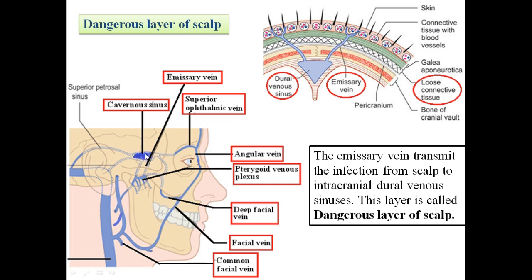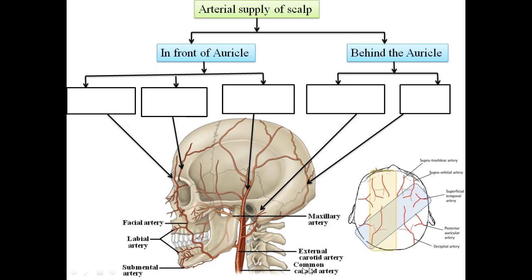From there the emissary vein communicates with the cavernous sinus. So hence the cavernous sinus is involved by the loose connective tissue and some facial veins and then supraorbital, supratrochlear veins.